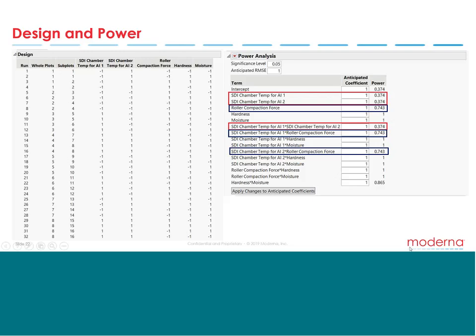We get the best power from the rest of the terms, which are from the split plot, because we've randomized hardness and moisture the most. So this really kind of shows the trade-offs that you have with power when you can't completely randomize your design and you have some sort of restricted randomization like you do with a split plot.